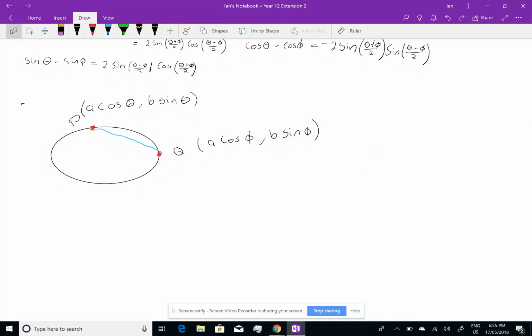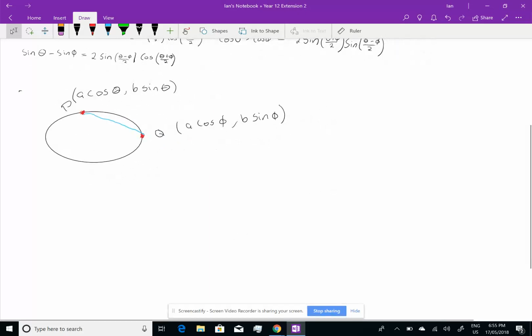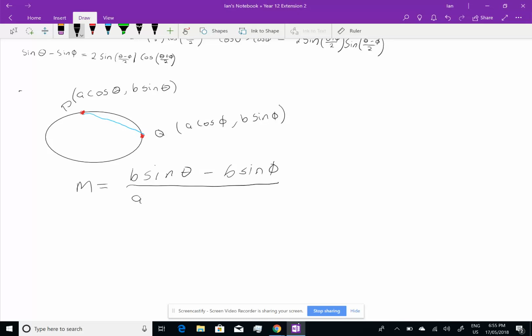Well, remember we're going to use y minus y1 equals m times x minus x1. So I need a gradient. And the gradient's pretty easy. All I've got to do is just use the gradient formula. So m equals the y values. So b sine theta minus b sine phi. And underneath I've got a cos theta minus a cos phi.